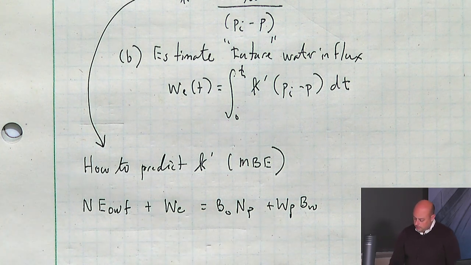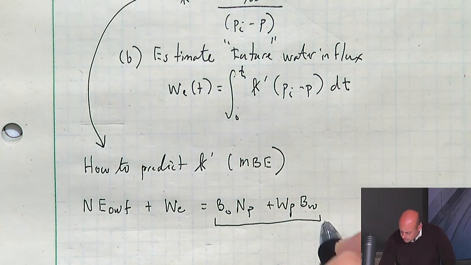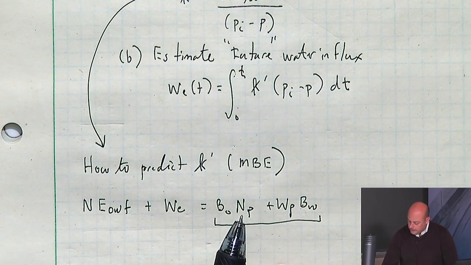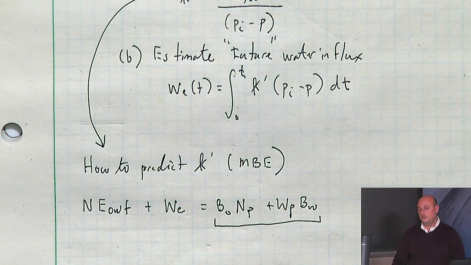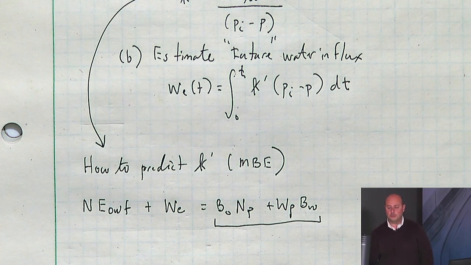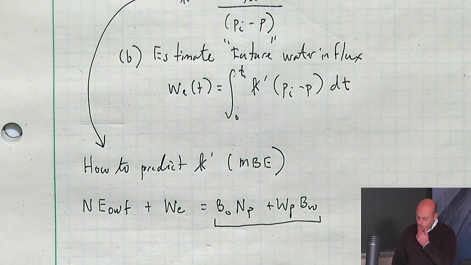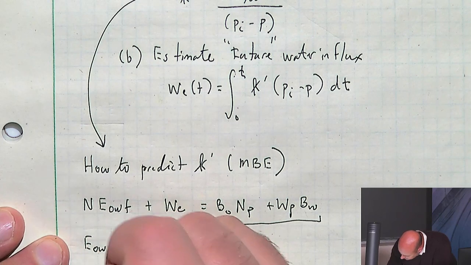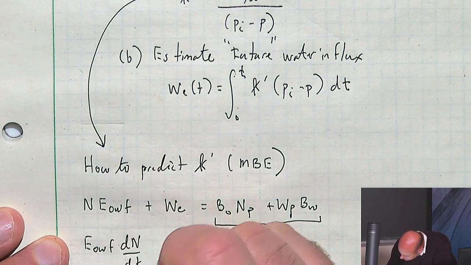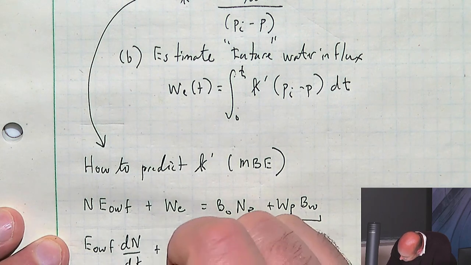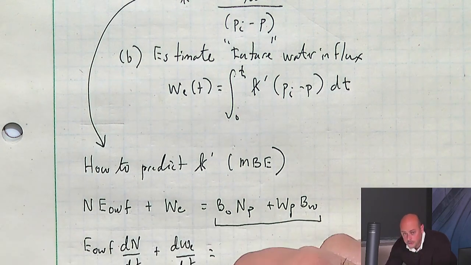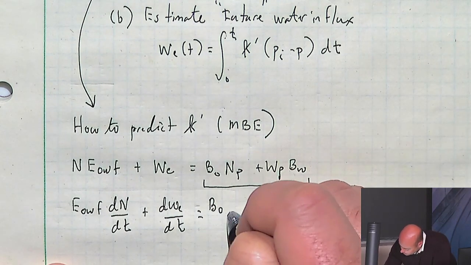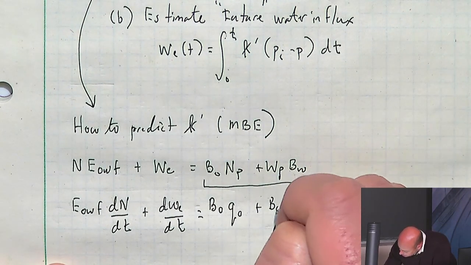WE is again the water influx, and the production terms do this. So Bo and Bw are formation volume factors. Np and Wp are the cumulative amount of oil and water produced, which of course you're going to measure at the surface. Okay. You can take the derivative of these, and you get N Eo dN/dt plus dWE/dt is equal to Bo Qo plus Bw Qw.